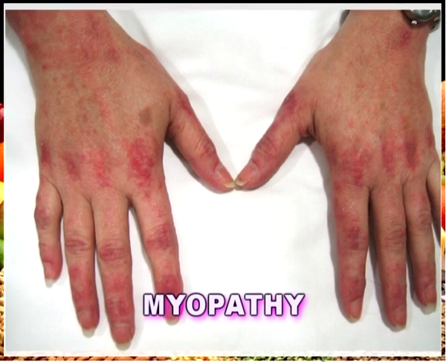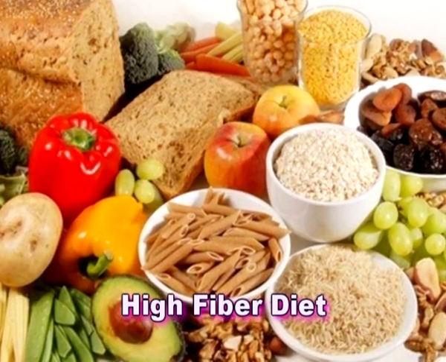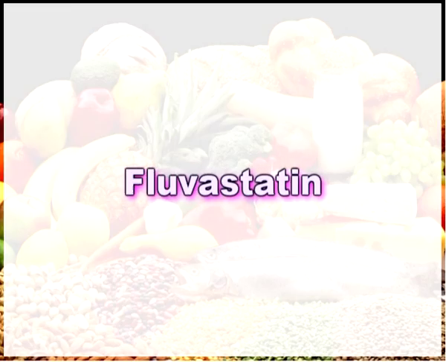Concomitant administration of statins with food may alter statin pharmacokinetics or pharmacodynamics, increasing the risk of adverse reactions such as myopathy or reducing their pharmacological action. A high fiber diet may lower the efficacy of statins like simvastatin, ezetimibe, pravastatin, fluvastatin.